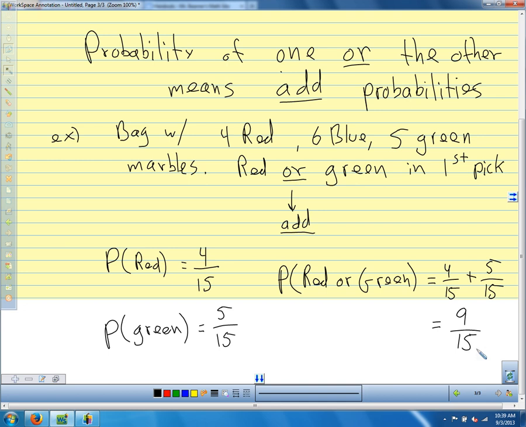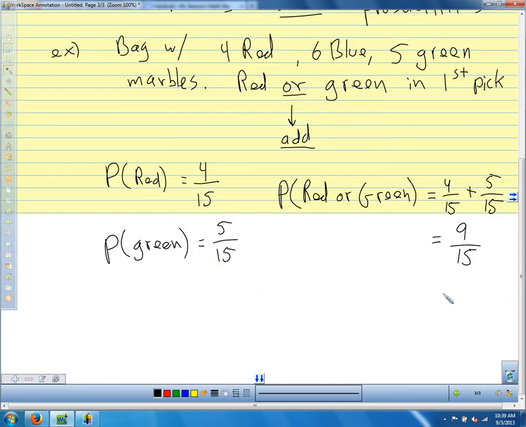So that's why I didn't reduce that fraction. And can I reduce 9/15ths? How do I reduce it? Divide everything by 3, right? So I get 3/5. So I have 3 chances out of 5 to pick a red or a green.